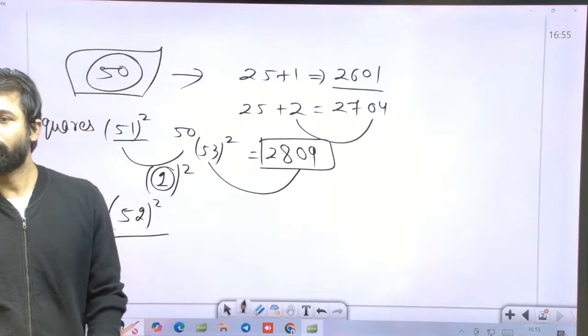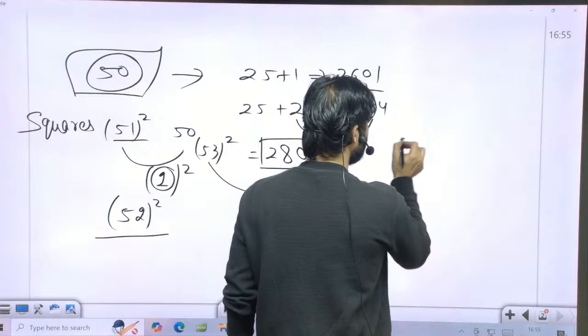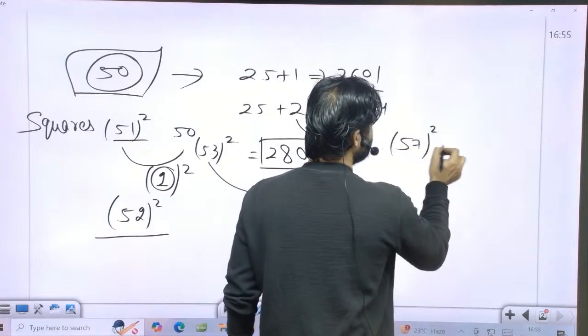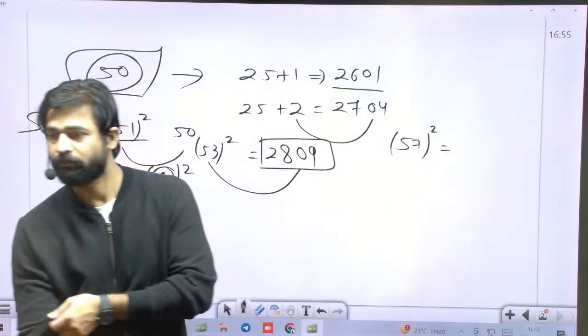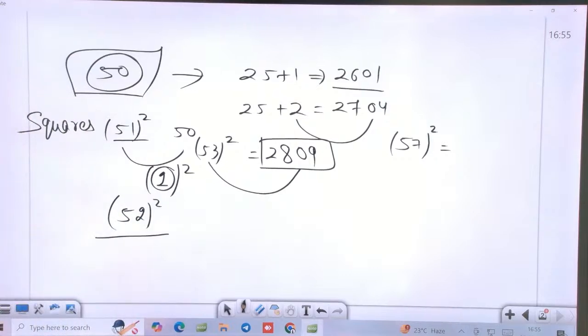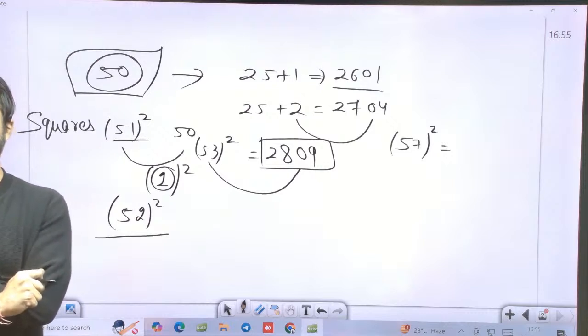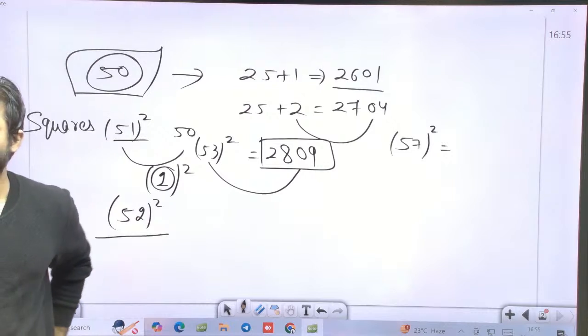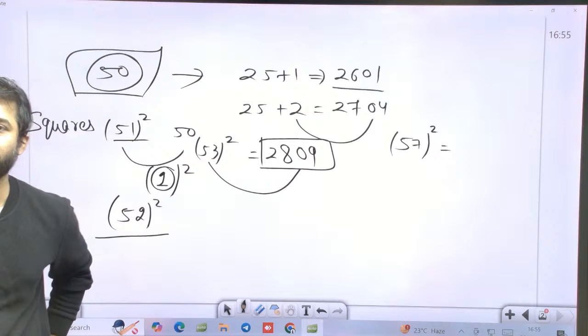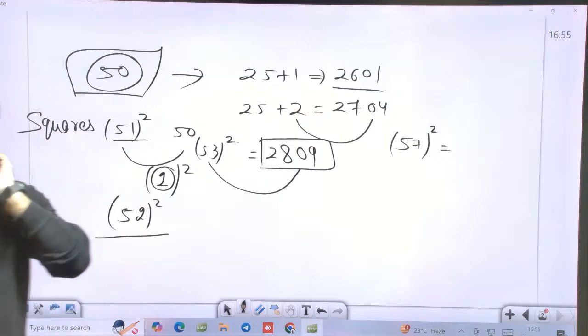Okay, just give me the answer. Square of 57. Hurry up. You're taking more time than usual again. What is the answer? 3249. Yes. Simple one.